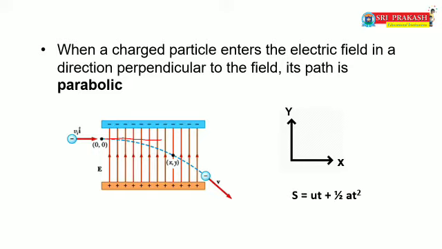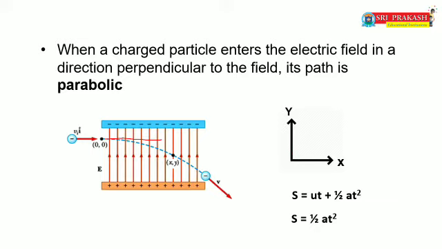Due to that acceleration, the displacement of the charged body is given by the formula s equals ut plus half at square. Here the initial velocity along the direction of the electric field is 0, because it is moving along the x-axis, so along the y-axis there is no initial velocity. Then the expression becomes s equals half at square, where a is the acceleration on this charged body due to the electric force, which is a constant value.